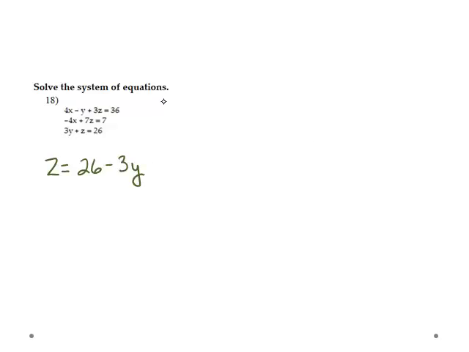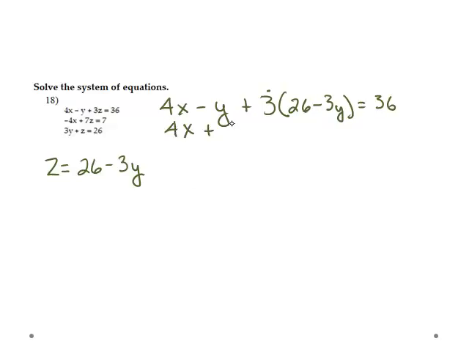Put that into the first equation: 4x minus y plus 3(26 minus 3y) equals 36. 4x plus 7 times 26 minus 3y equals 7.